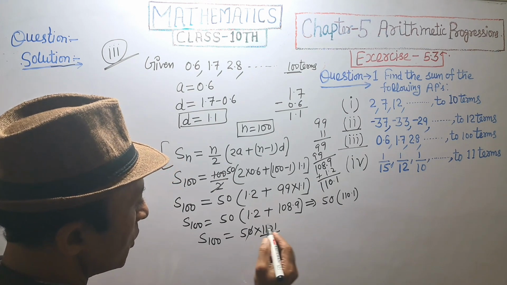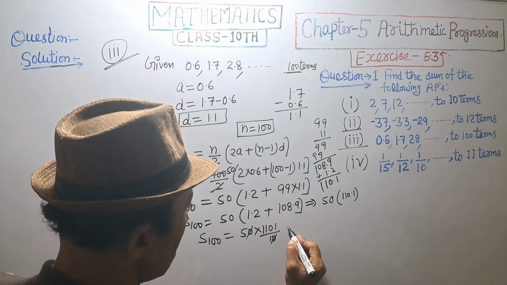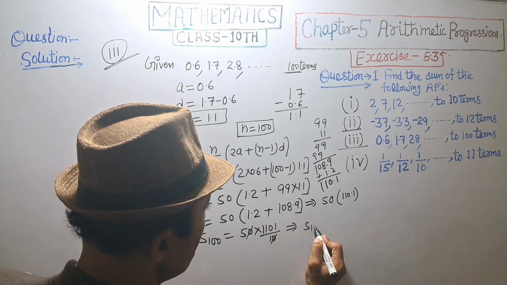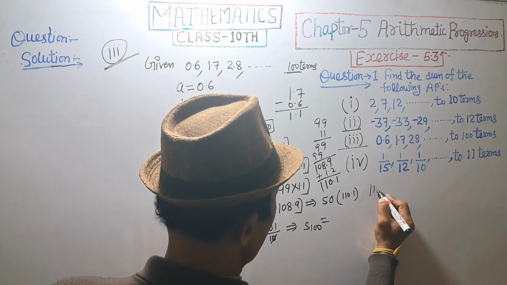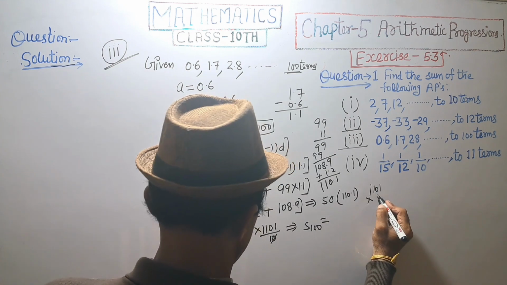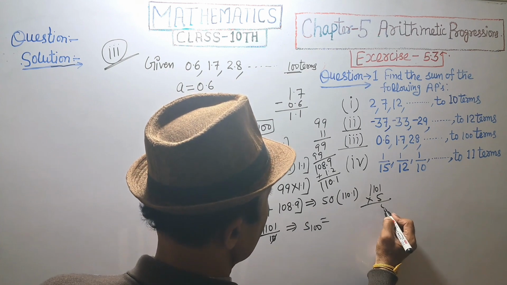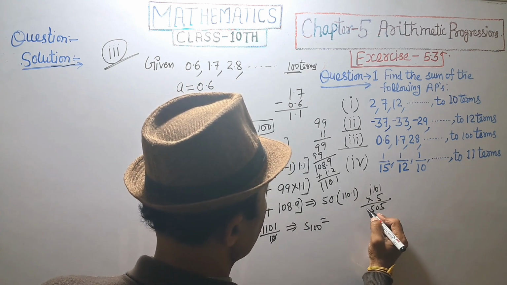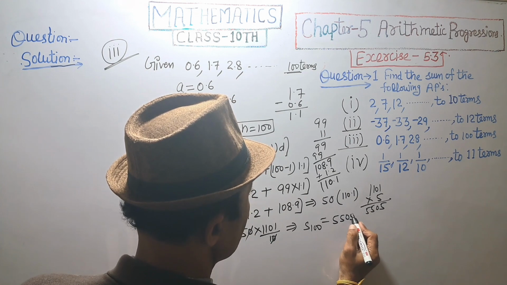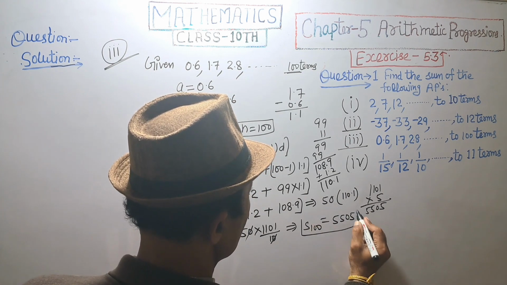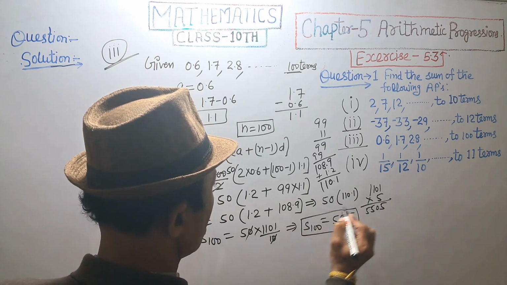The 0 cancels, so S100 is equal to 1101 multiplied by 5, which is 5505.